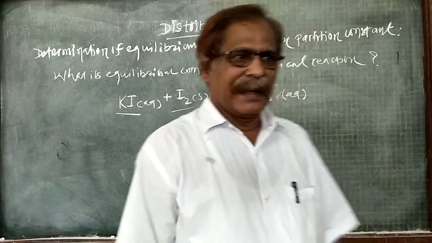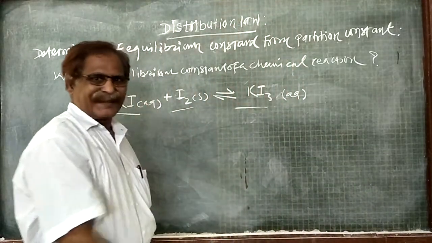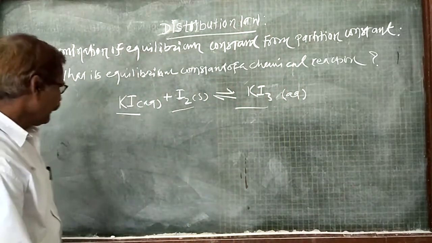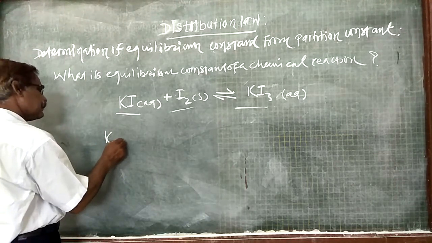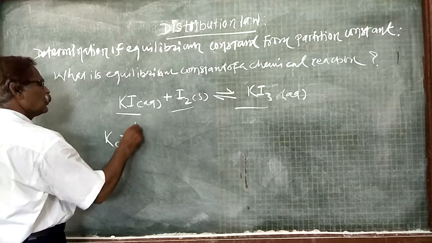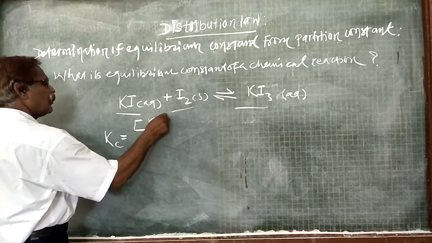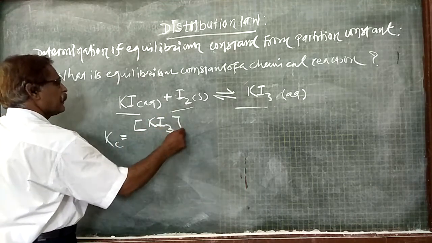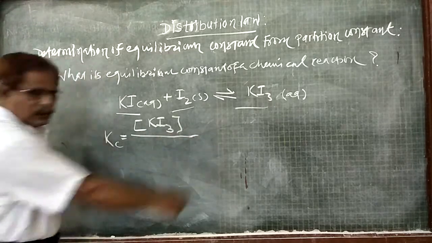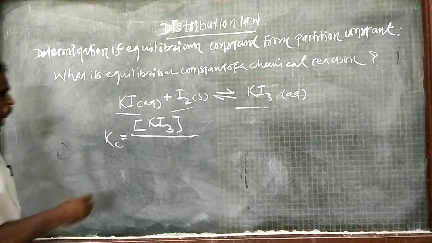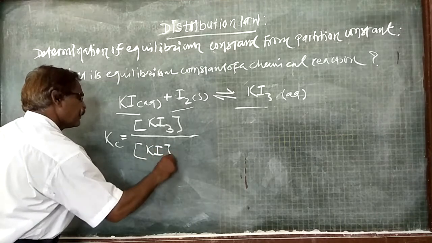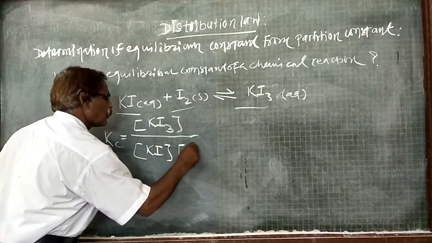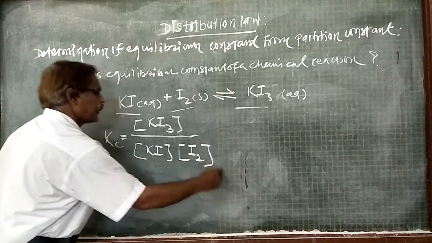Now when we apply the law of mass action to this reversible reaction, we will get Kc is equal to the concentration of KI3 upon the concentration of KI into the concentration of I2.